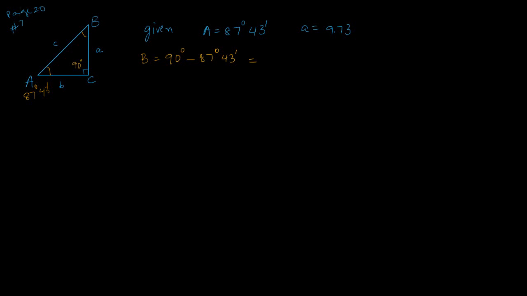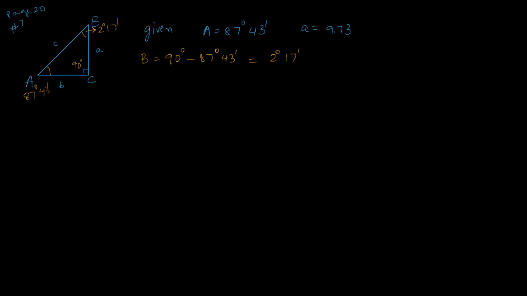Now, I don't have an online calculator, but you can use your calculator and use a DMS key. Once you subtract, you get 2 degrees 17 minutes. So now we have this angle measuring 2 degrees 17 minutes.